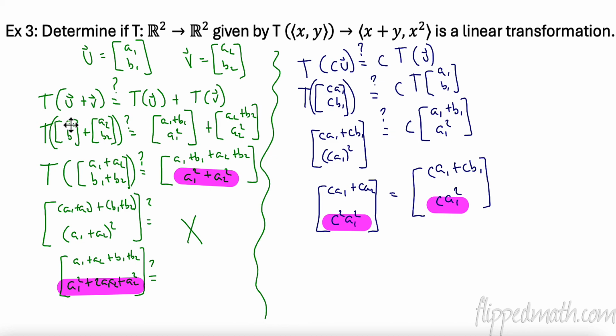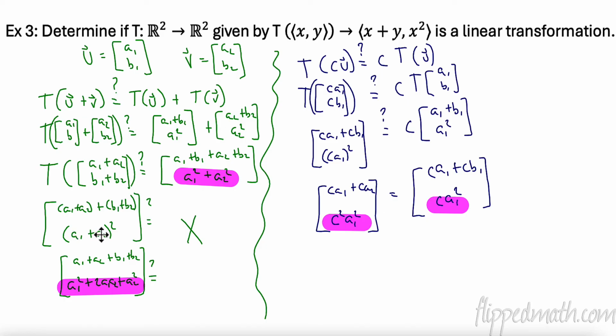When we come over here, I'm going to add the vectors up first, so I get a1 plus a2 and b1 plus b2. So now, when I add my x's it is a1 plus a2 and b1 plus b2. Well, that right there, a1, a2, b1, b2, that's the same thing I have on the top. On the bottom, I'm squaring my x.